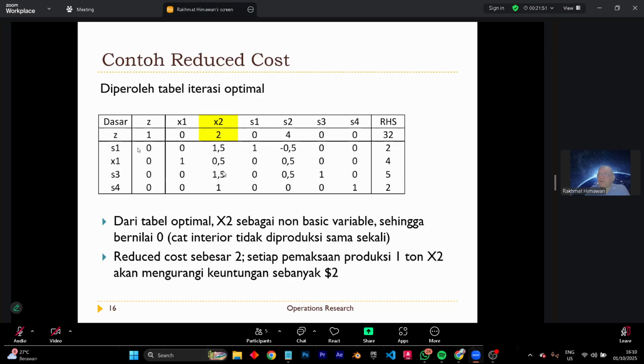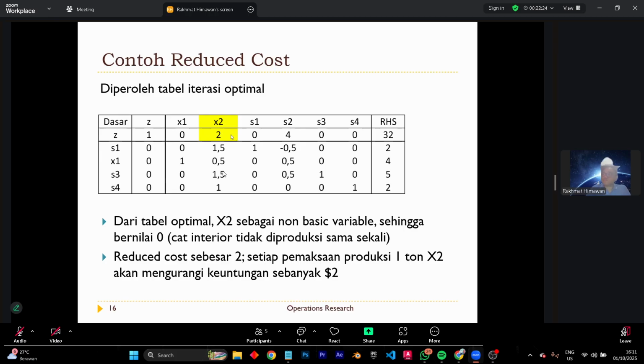If he or she asks you what the effect is, if you still force production of X2, then for every 1 ton of X2 product, you will lose $2,000. In this case, 2 if it's in thousands. So if this is the optimal solution, that means if you forcefully produce this, you will not add, but lose $2,000.